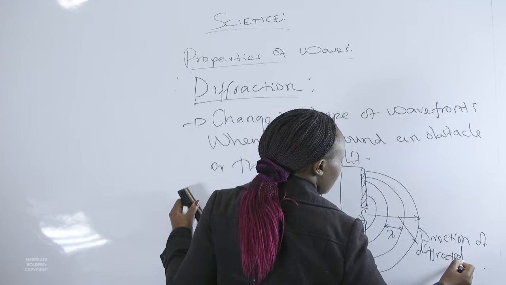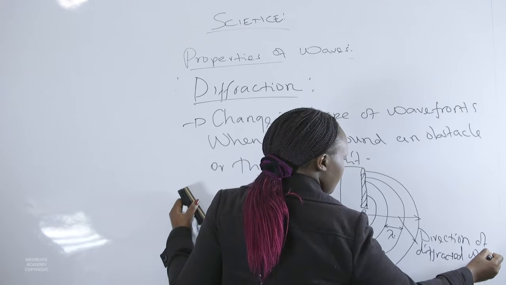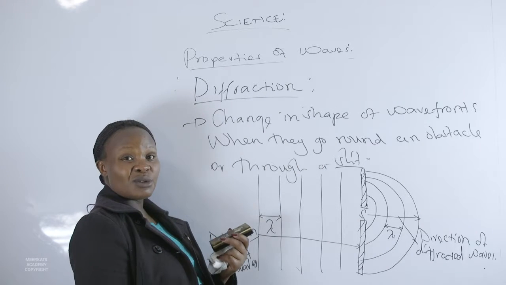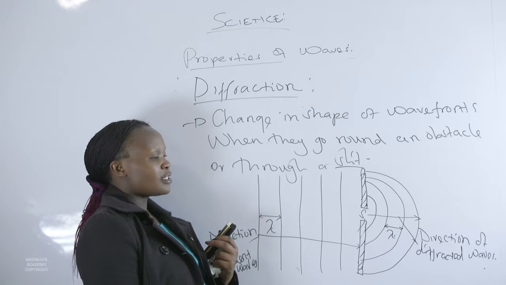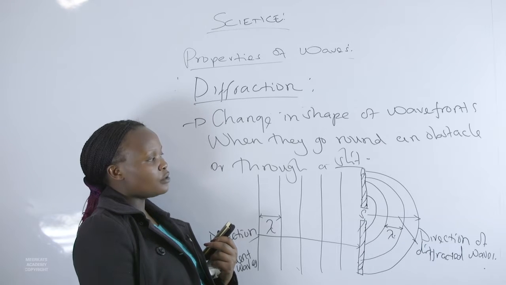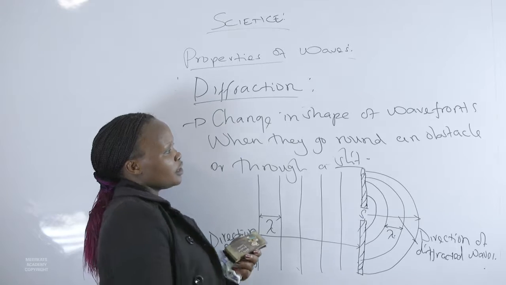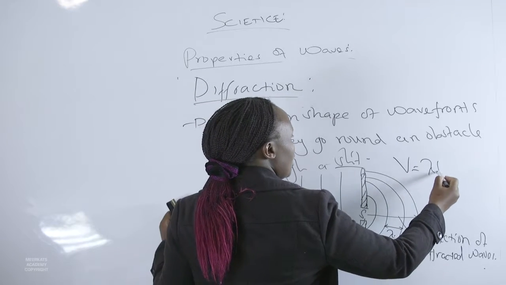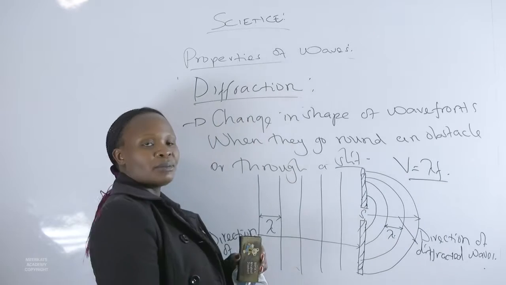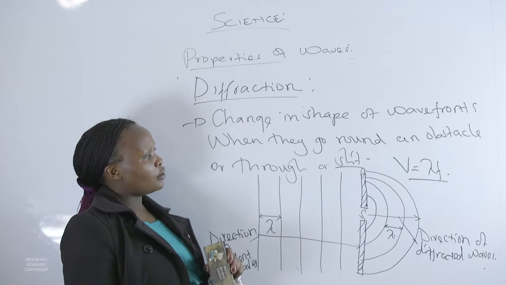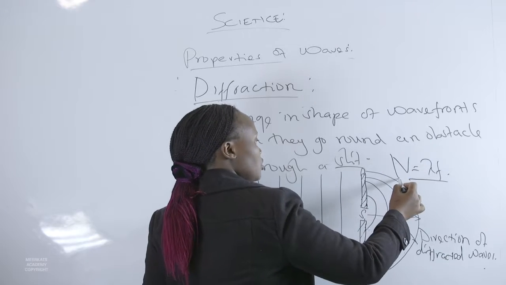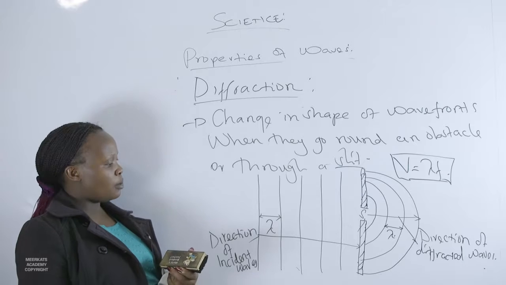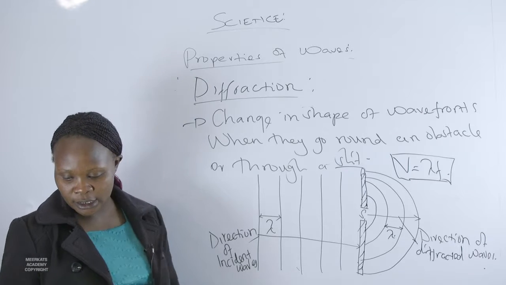Now, the only aspect of these waves that is going to change is actually the shape of the wavefronts, but the wavelength, frequency, and speed are going to remain constant according to the relationship that we learned.